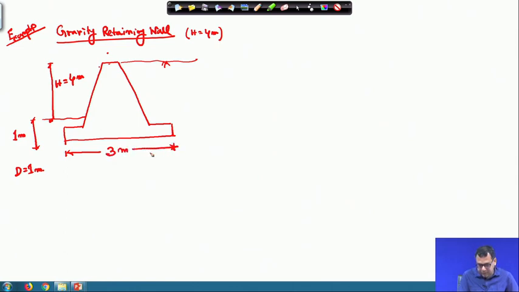For the first trial I am taking this as 3 meter, and this is minimum 0.3. So, I have taken 0.3 meter, and this value I have taken 0.5 meter. So, that means this one is also 0.5 meter.